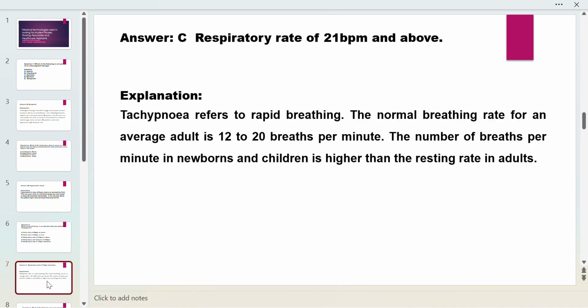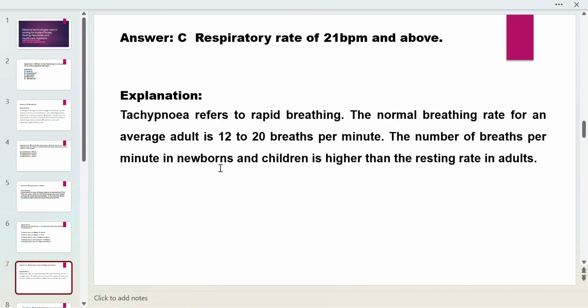Right, let's review. So it's saying the answer is C, respiratory rate of 21 breaths per minute and above. And it's giving the explanation to say tachypnea refers to rapid breathing. The normal breathing rate for an average adult is 12 to 20 breaths per minute.